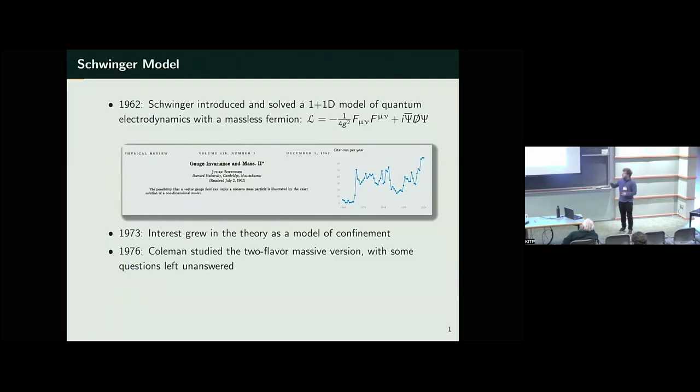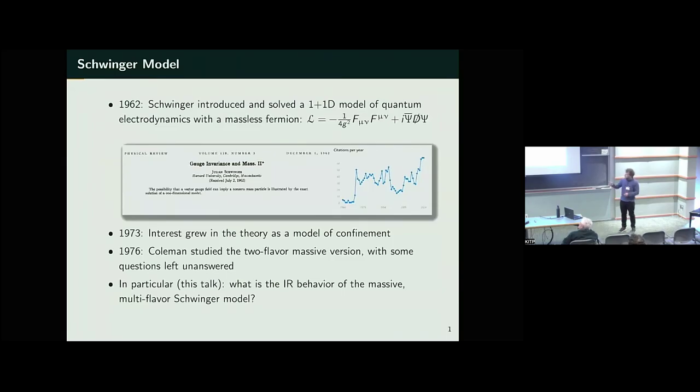And so in particular, in 1976, Coleman studied the 2-flavor massive version of this model, which will be most of my focus today. And some questions were left unanswered. And so in particular, I want to focus on this question of what is the infrared behavior of the massive multi-flavor Schwinger model, and focusing on the 2-flavor case.